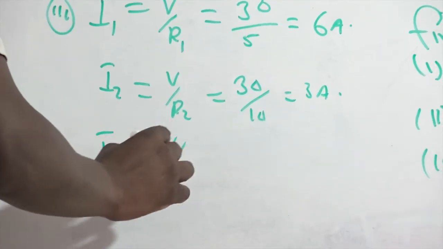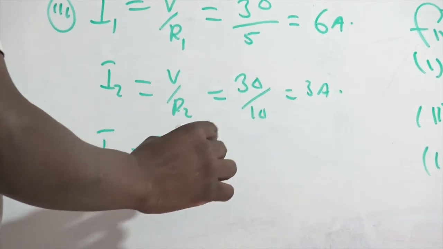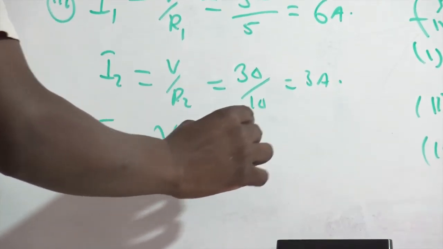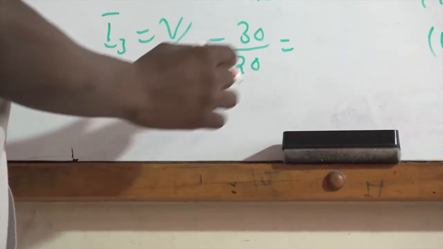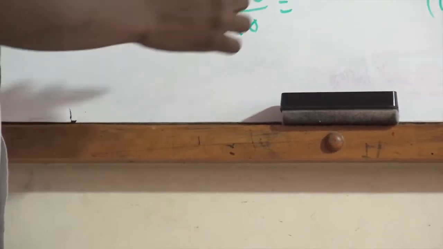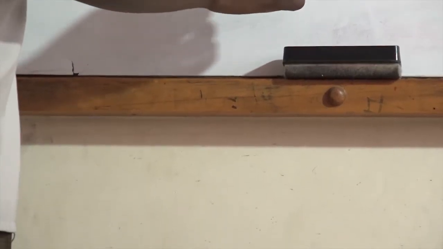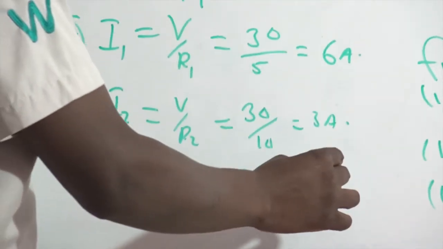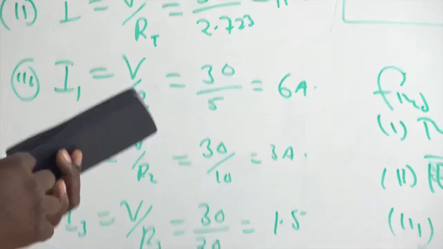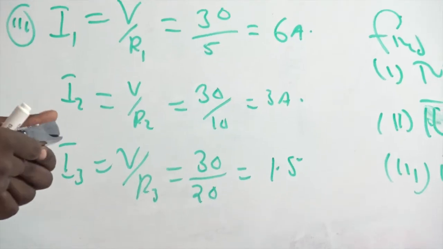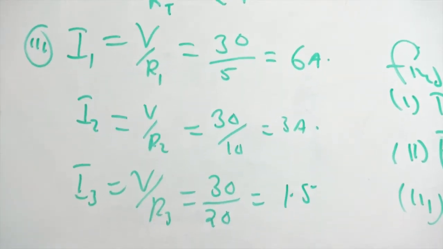And I3 is V over R3, which is 30 divided by 20, so this is 1.5 amperes. So these are the currents.